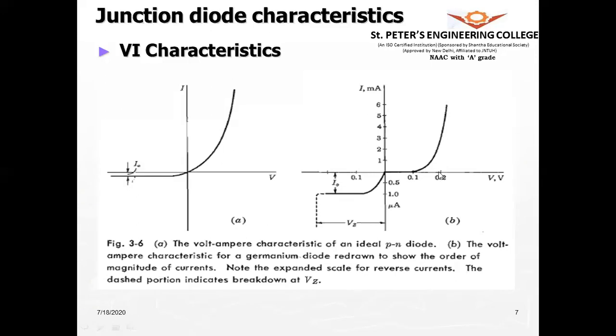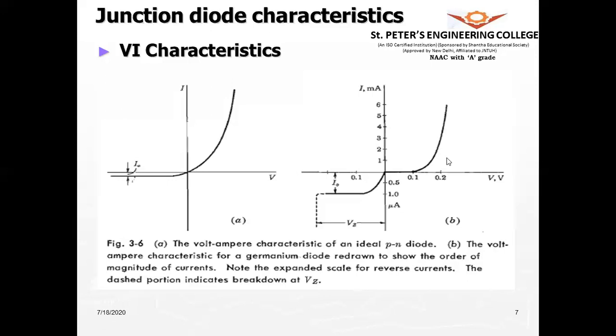So for a germanium diode, this is the point where the diode starts conducting and allowing current to rise. That value of voltage we call the knee voltage.